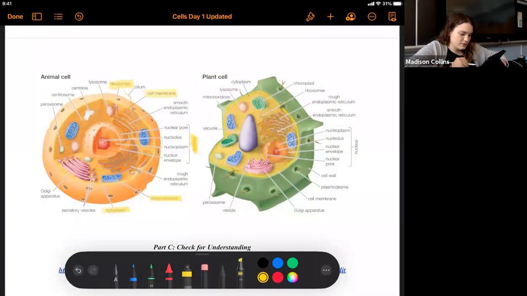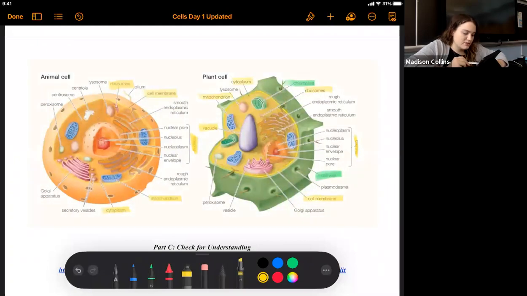Yep, okay. Now on the plant cell, let's go through what we need to know here. Once again, you need to know the cytoplasm, the mitochondria, the chloroplast, that's unique to plant cells, ribosomes, nucleus, you also need to know the cell wall, that's unique to plant cells, cell membrane, and vacuole.